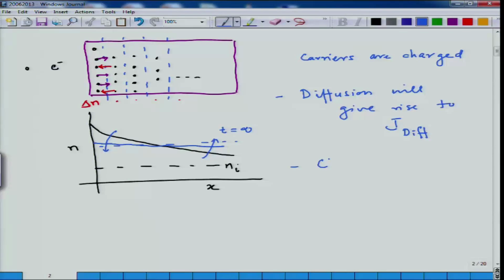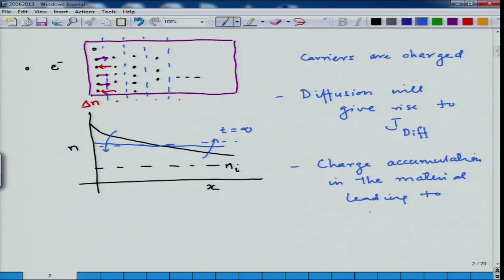Whenever you have diffusion taking place, you will have some charge accumulation in the material, leading to an electric field inside the material. So, diffusion in that sense is extremely important for semiconductor devices.